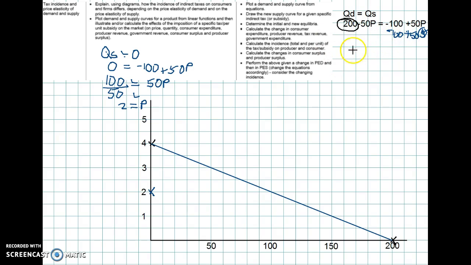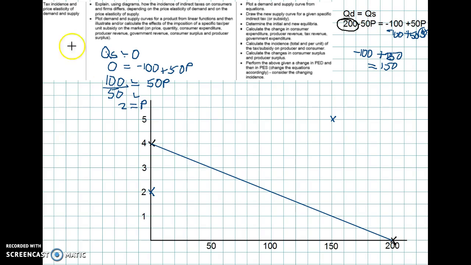That will give us minus 100 plus 250, and that gives us 150. So we plot that, 5 and 150, so that's there. Plot that, then we can link those two together.